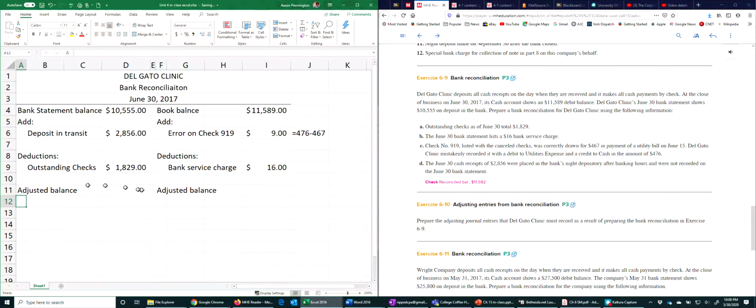All right, and if we've done this right, these will agree. So what we're doing: bank statement balance plus the additions less the deductions. We'll do the same here. Book balance plus the addition less the deduction. All right, and so they do agree.